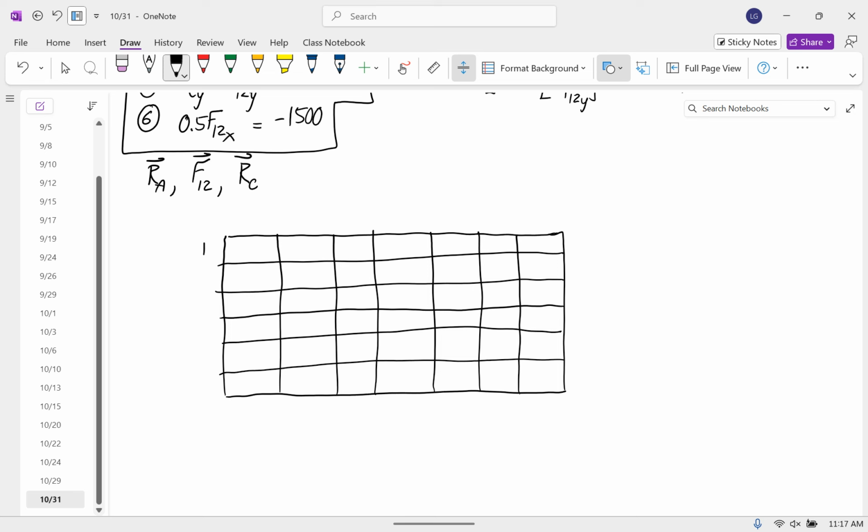So these are equations 1, 2, 3, 4, 5, 6, and variables RAX, RAY, F12X, F12Y, RCX, RCY, and then the constants.